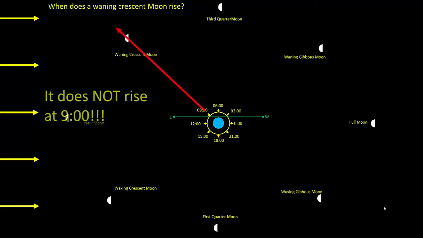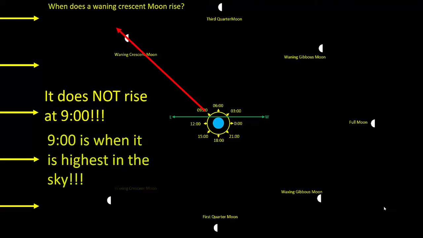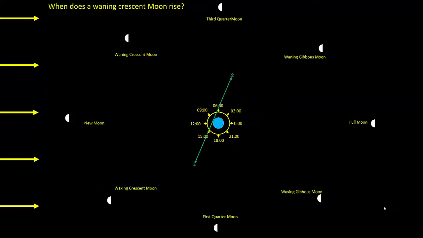Well, it does not rise at 900 hours. You know that by now. That's when it's highest in the sky. So when does the eastern horizon point at it? Spin that green arrow around the Earth again as the Earth rotates. And you'll see that it rises about 300 hours.